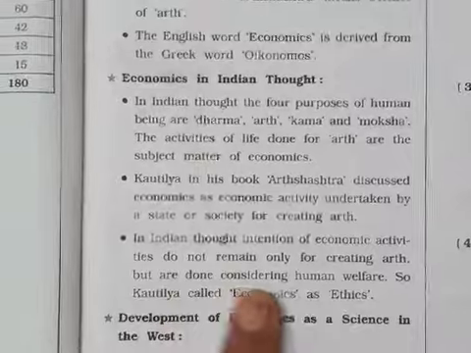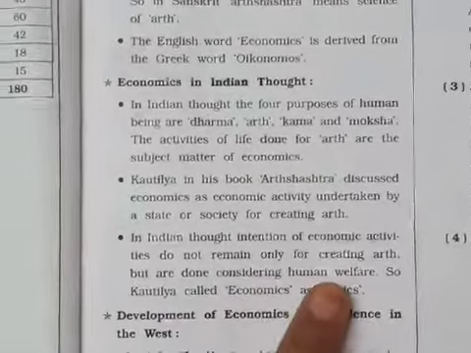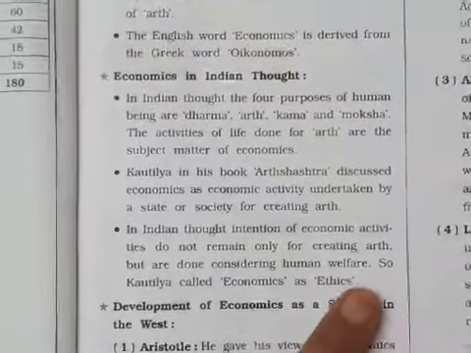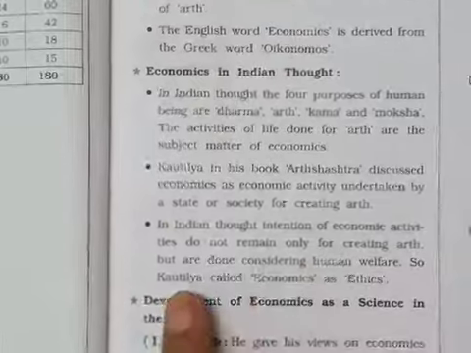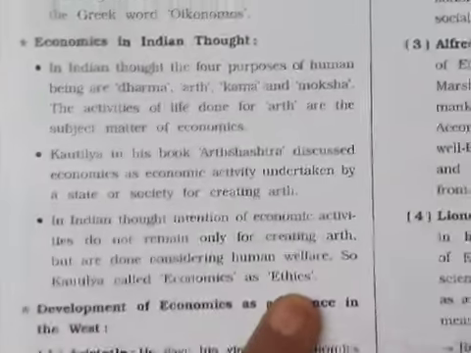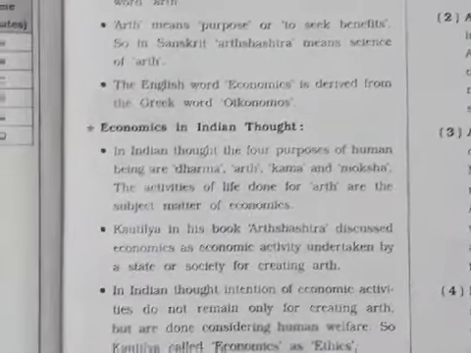But they are done considering human welfare. As I told you, whatever work we are doing, we are first focusing on the welfare of our society. So, Kautilya called economics as ethics. Ethics means moral values.